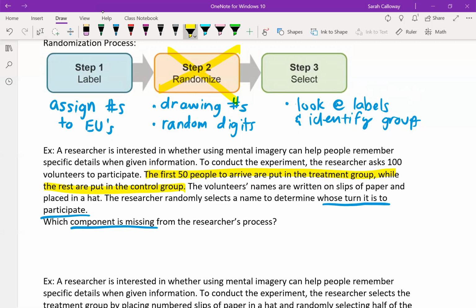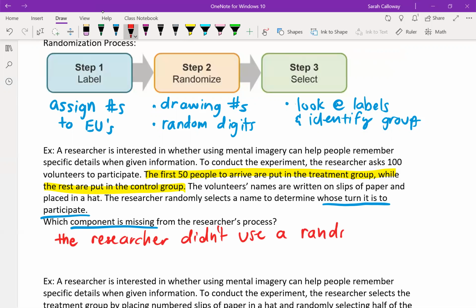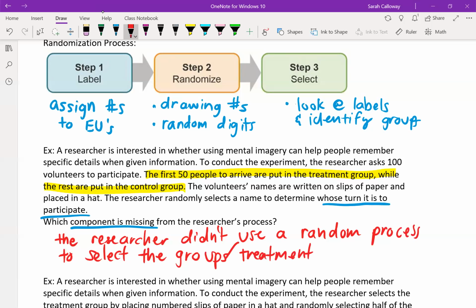So that means that step 2, the researcher didn't randomize or use a random process to select the groups or treatments. It was missing that step 2.